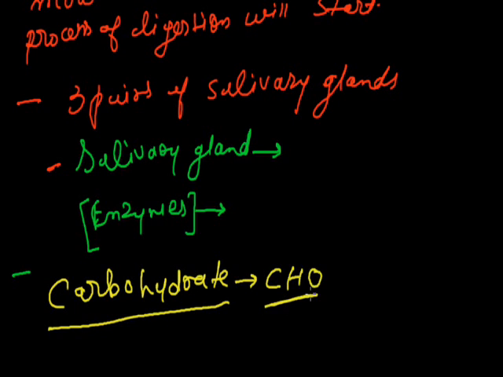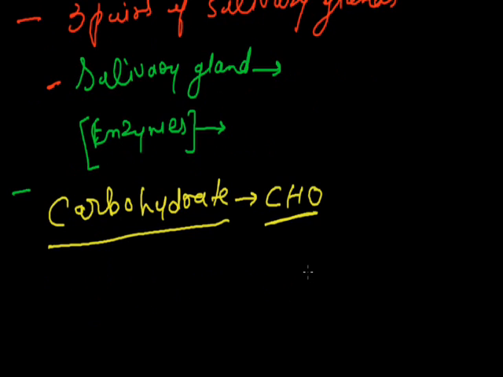Any compound having C, H and O in a ratio of Cn, H2n and On is a simple molecular formula of carbohydrate.